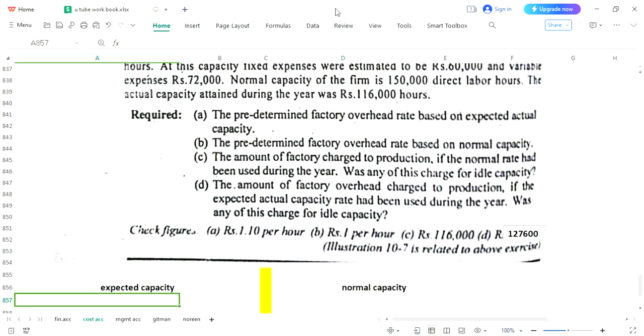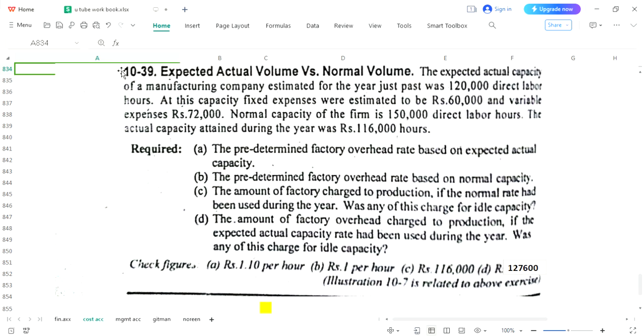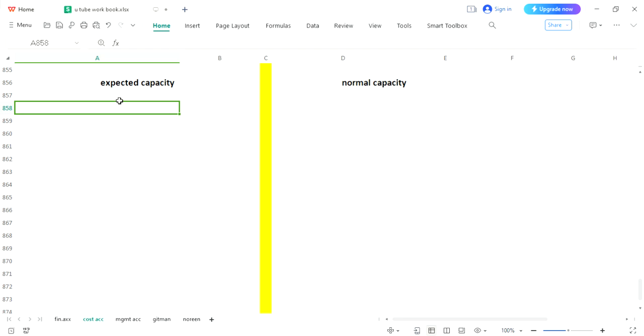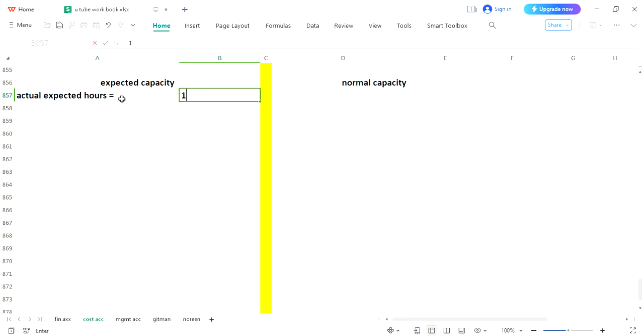As you can see, in our question the expected capacity is 120,000 labor hours, so expected hours, a better word, are 120,000. We can write it in the next column.